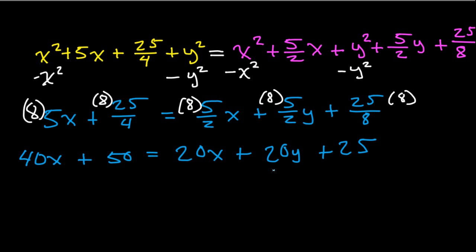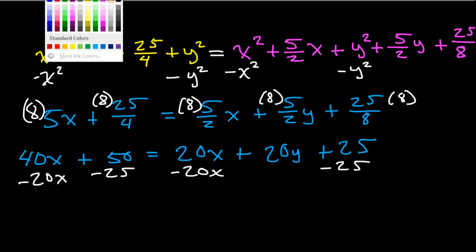No more denominators. So I'm going to go ahead and see if I can get y by itself. I'm going to start by subtracting 20x from both sides. And you know what? While I'm at it, I might as well subtract the 25 as well.